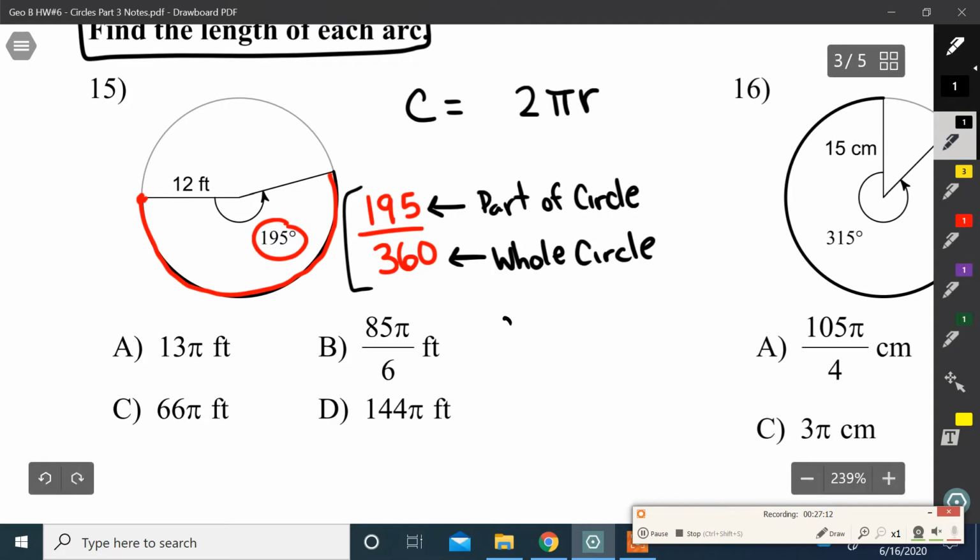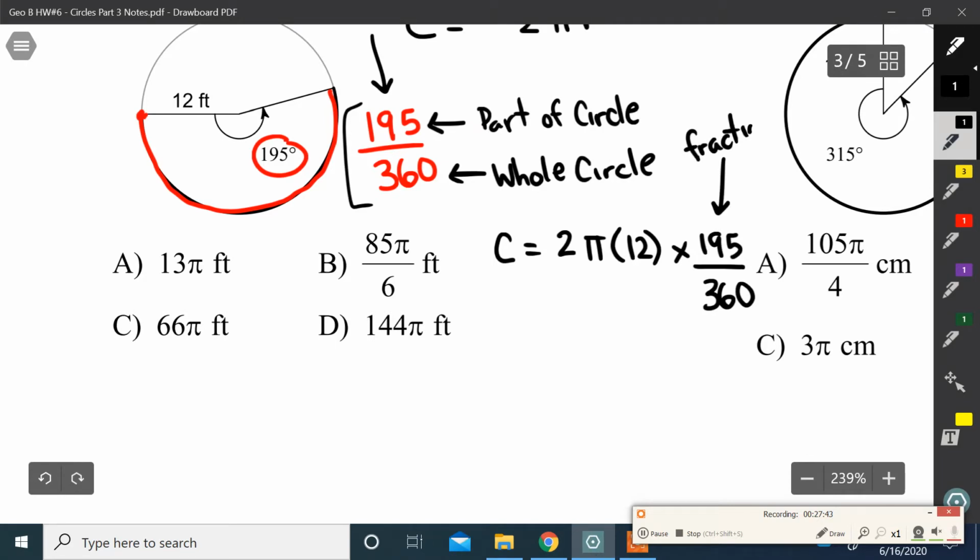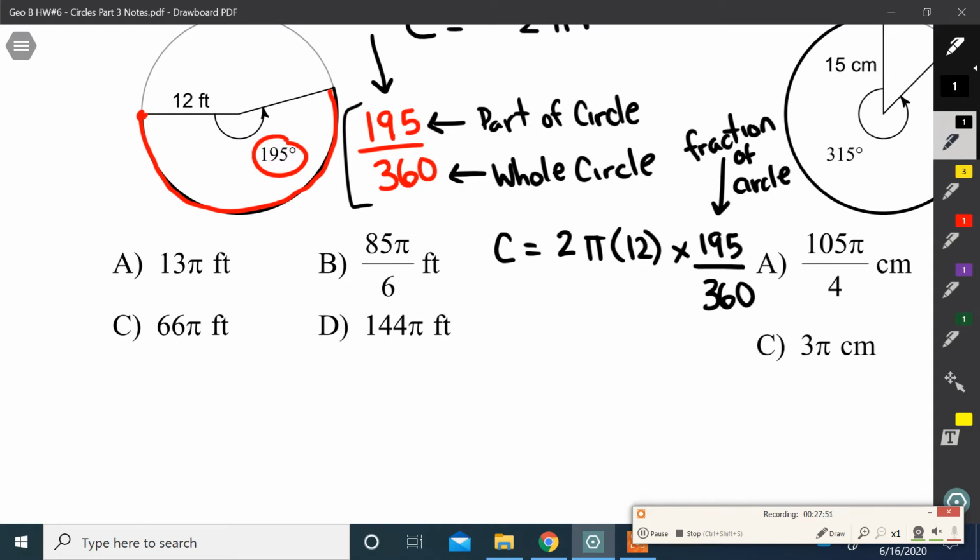So we're going to use that formula once again: 2 pi, and then r in this case is 12, but now we're going to multiply times 195 over 360. And we need to simplify as much as possible. Remember, this right here is how we get a fraction of the circle. So in reality it's the same formula.